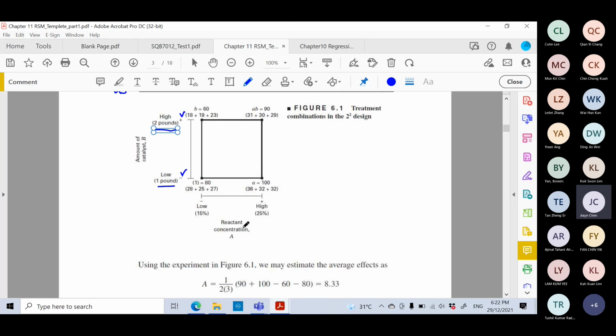Similarly, for the reaction concentration, after coding they become -1 and +1, but the initial values were 15% and 25%.